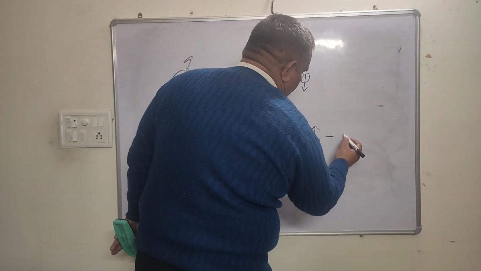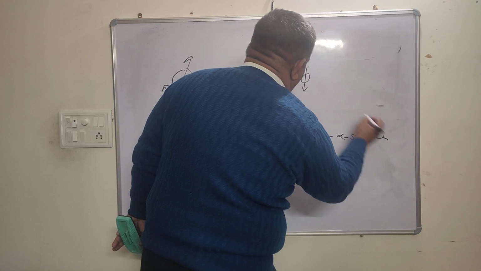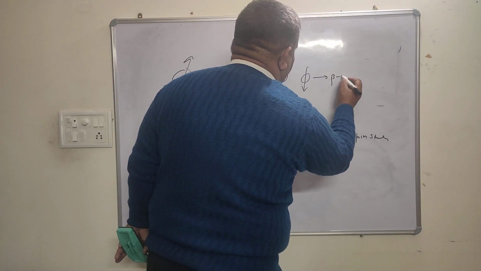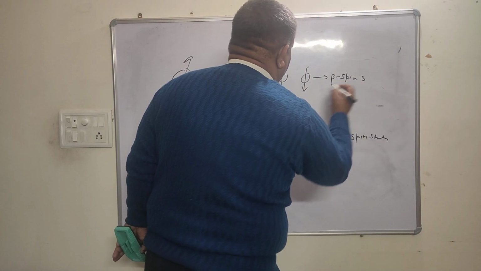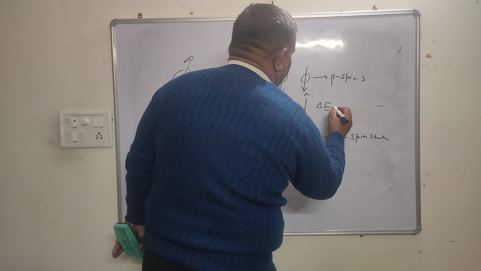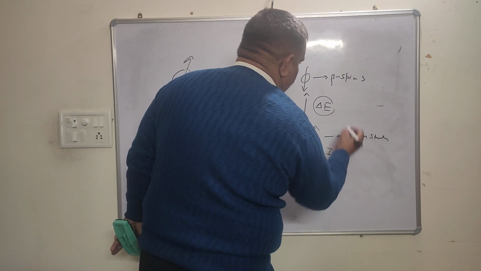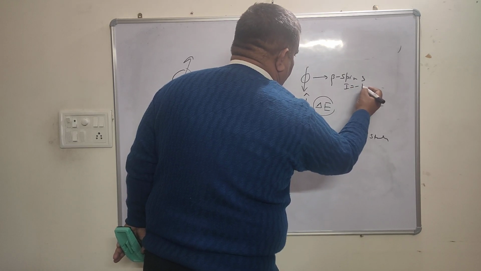This is the alpha spin state and this is the beta spin state, and delta E is the energy difference, with I equal to plus half and minus half.